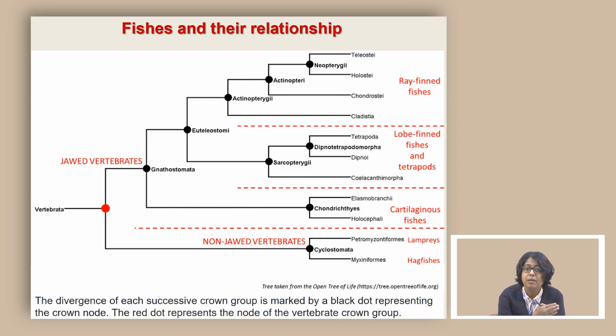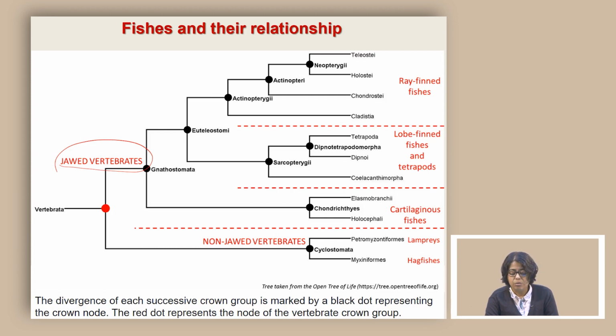and we can classify them in terms of whether they have jaws or they do not have jaws at the very beginning. But within the jawed animals, there are different types of fishes. One type of fish is called a cartilaginous fish. Instead of a bony structure, they have only cartilage.